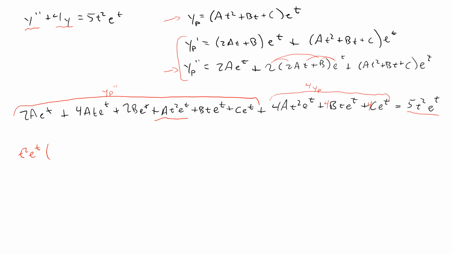And where else? I see it right here. So if I take those two terms and factor a t squared e to the t out of them, what I'm left with is a plus 4a, which we can just simplify to say 5a. Next, I want to go through here and take care of everything that has t e to the t attached to it.